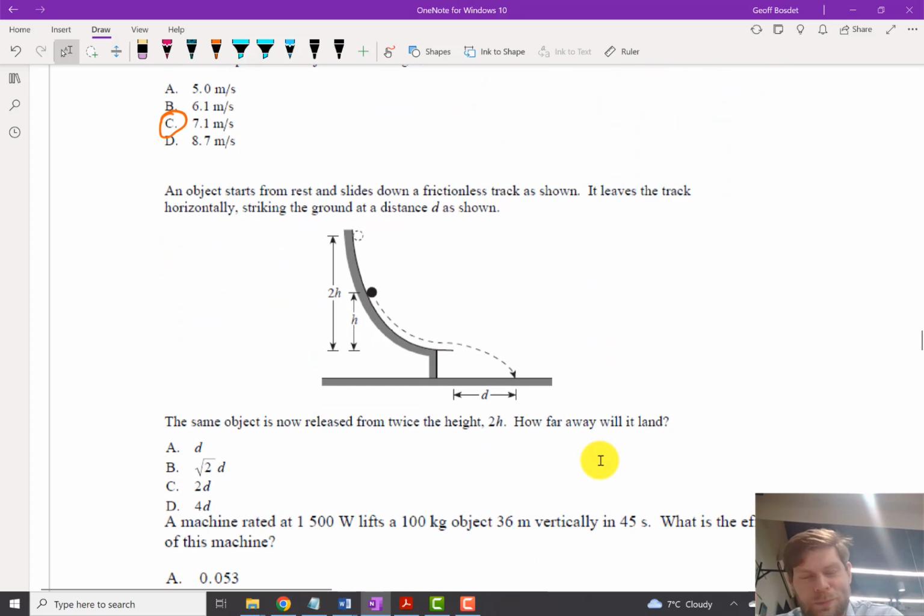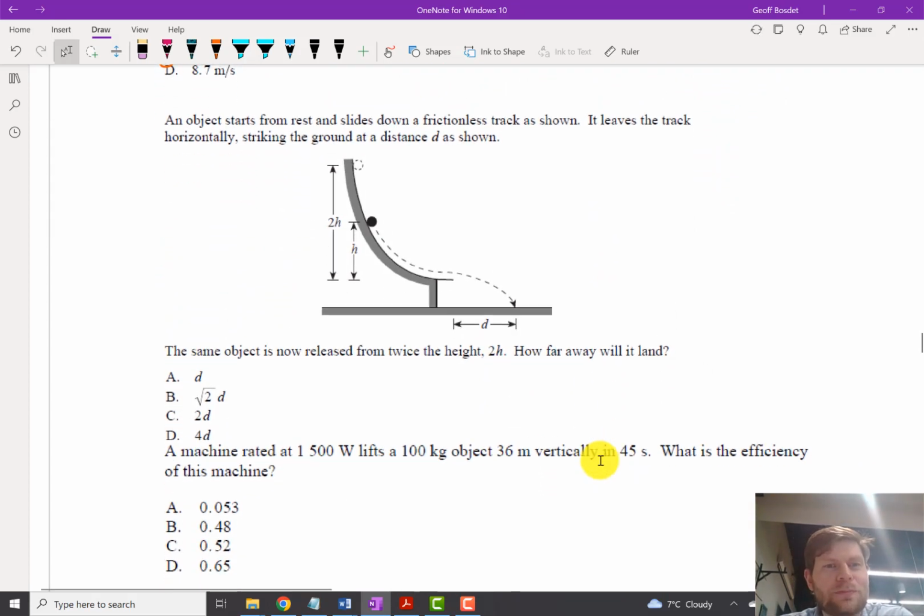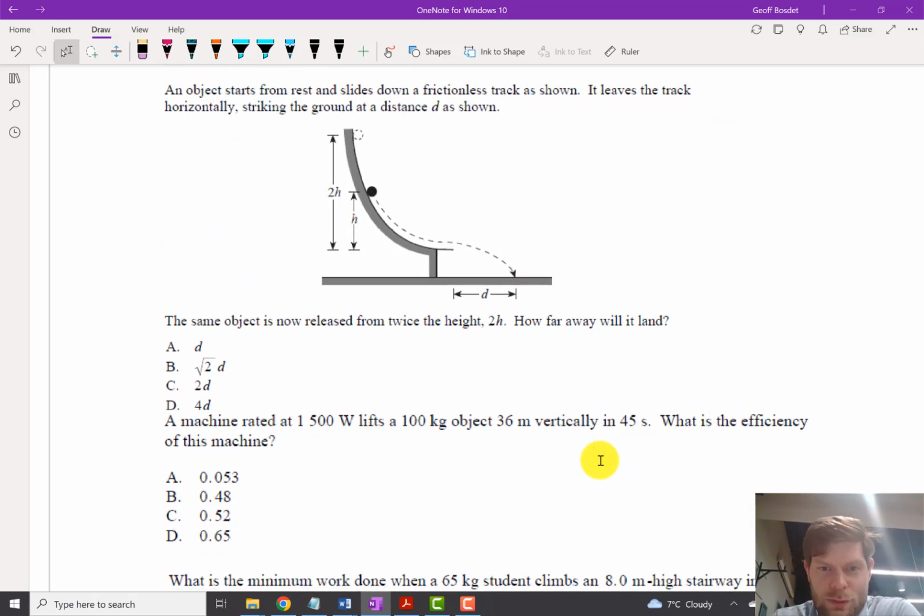Now here's an evil one, and I'm going to try and explain. If you look at it just at this point, it has an initial horizontal velocity and a known vertical height it's falling. So if you remember all our horizontal projectile motion stuff from earlier in the year, basically the time to fall doesn't depend on how fast this is moving.